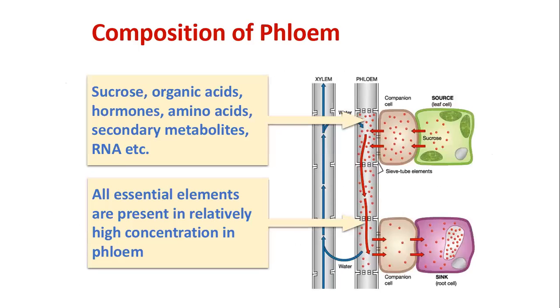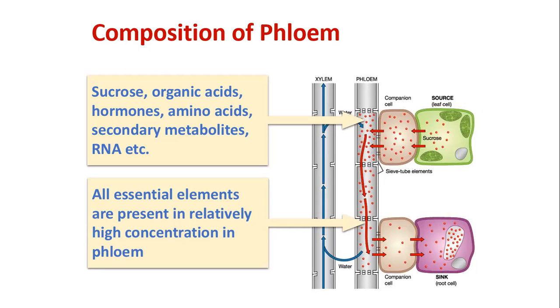What is the composition of phloem? If we look at the concentration, all essential elements are present in relatively higher concentration in the phloem. In the previous slide, we mentioned that the phloem sap is dominant in organic compounds, but that doesn't mean it does not have inorganic ions.